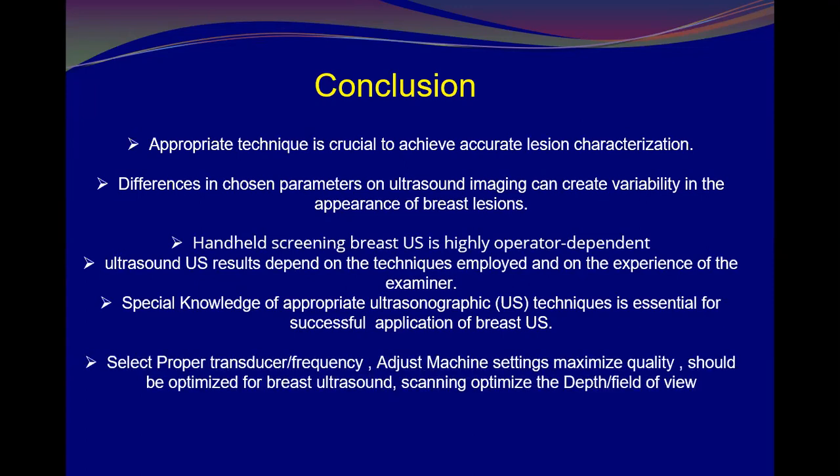Okay, so select the proper transducer frequency, adjust machine settings, maximize quality, which should be optimized for breast ultrasound, and optimize the depth or field of view. These include optimization of the depth or field of view, the grayscale or TGC, time gain compensation, and overall gain.